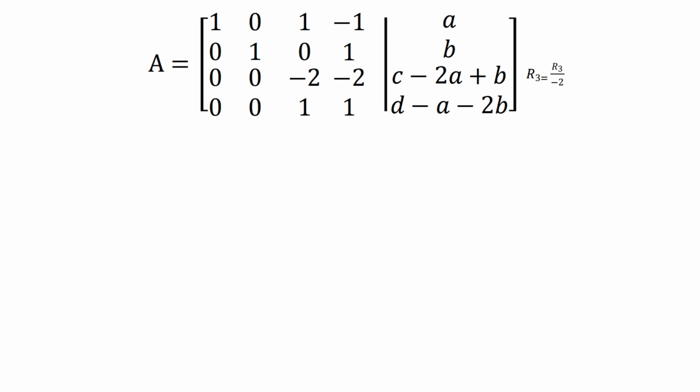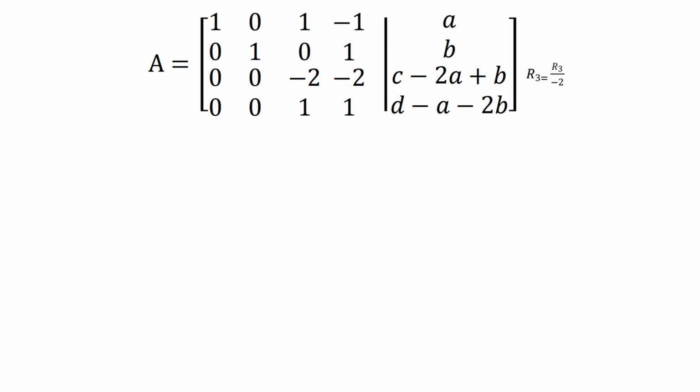Column 3, we have 1, 0, negative 2, and 1. Column 4, we have negative 1, 1, negative 2, and 1. And our last column, we have A, B, C minus 2A plus B, since our row 2 is B, and D minus A minus 2B, since our row 4 is D minus A and our row 2 is B.